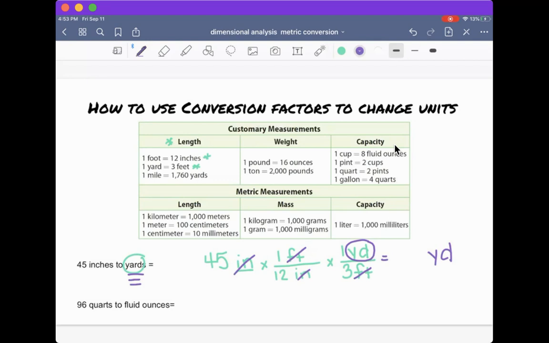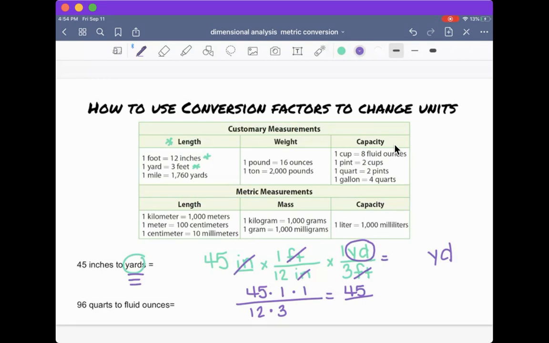So now I can simplify with my numbers here, and I have 45 times 1 over 12 times 3. So that's going to give me 45 over 12 times 3 is 36.